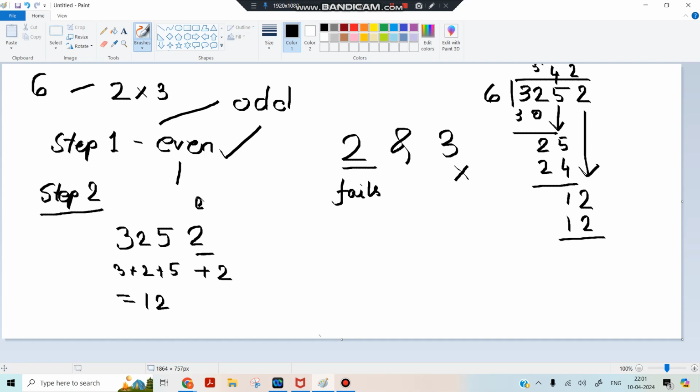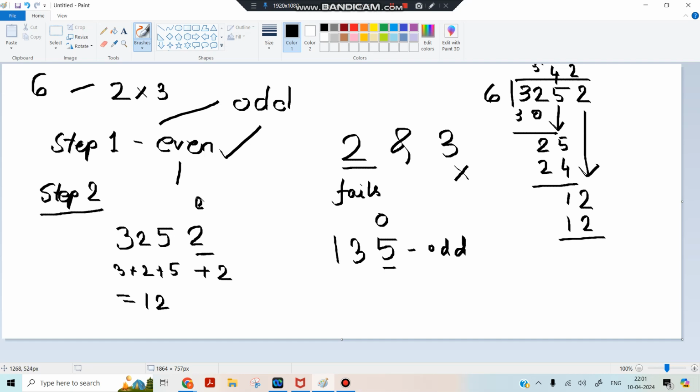Now let's take another number, say 1, 3, 5. Will it pass the divisibility test of 6? Let's check. The number in the ones house is odd.